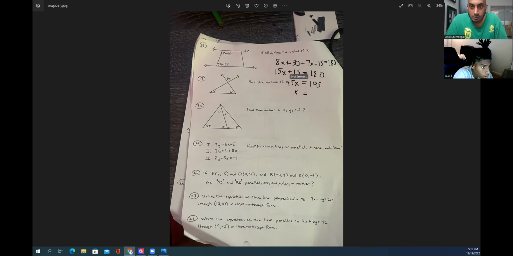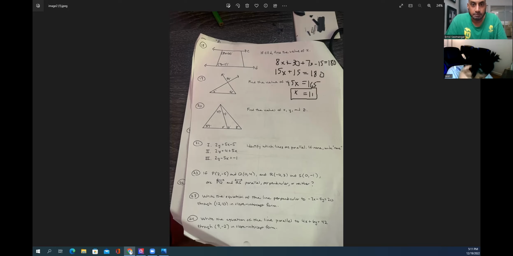So this will not be 180, but it'll be 165, right? On the right side. So therefore x is 165 divided by 15, which is 11. Yeah, 11. So x equals 11. Find the value of x, x equals 11. Okay.